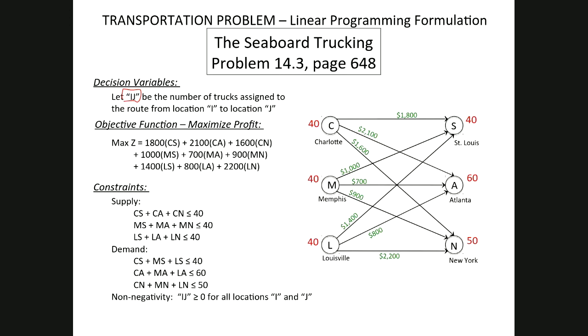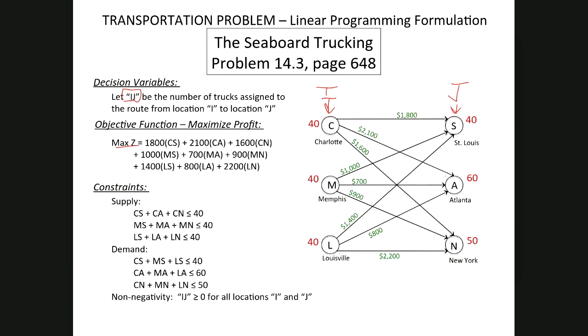X_IJ is the number of trucks assigned to the route from location I, and on this side are all of our I locations, to J, and on this side, our terminals, are all of our J locations. And again, the objective function, we're going to maximize our profit. You'll see here there are 9 terms.